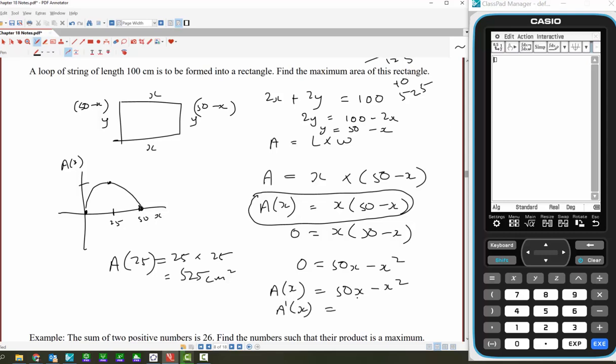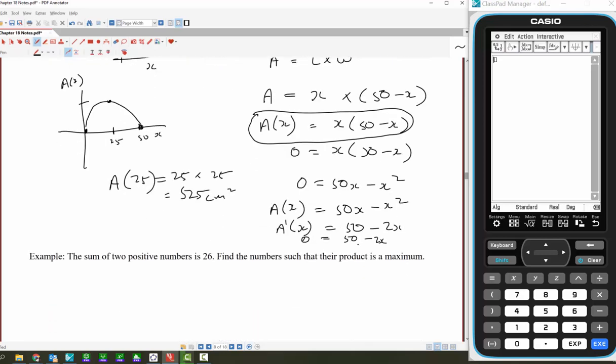I'm going to call the gradient function A dash x equals 50 take away 2x. Now I'm going to ask, hey, gradient function, when do you have a gradient of 0, i.e., when does your stationary point occur? When we solve for x, surprise, surprise, I've got a stationary point at x equals 25.